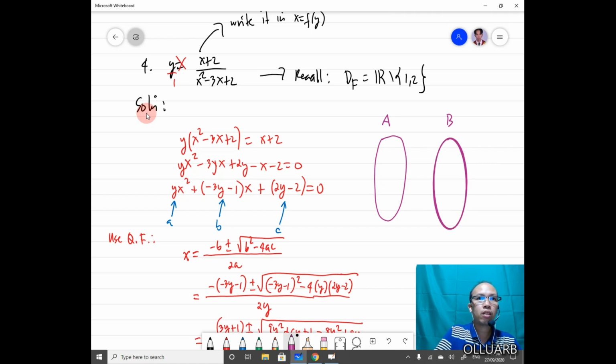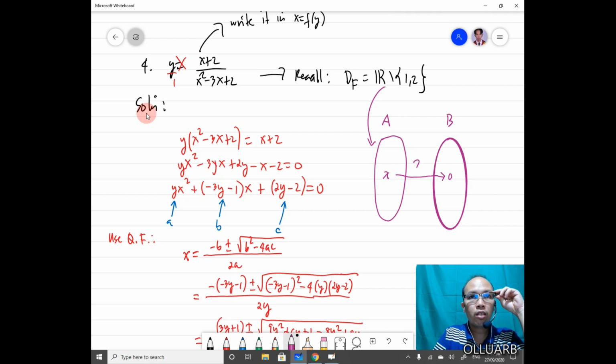So this is our domain. If you have y is equal to 0, can you find an x here? Is there an x that is mapped to 0?